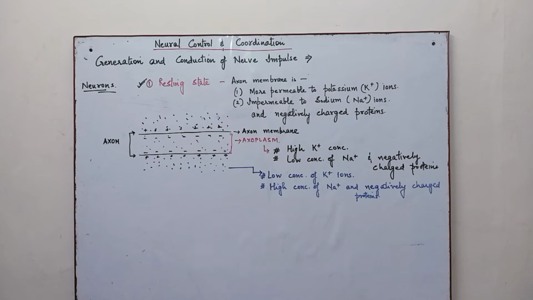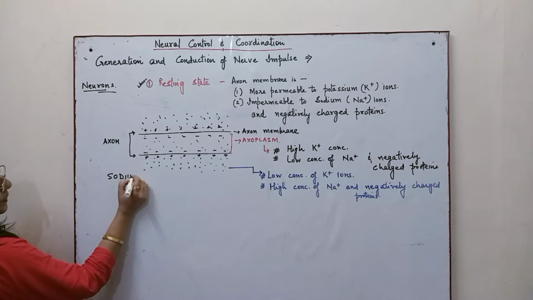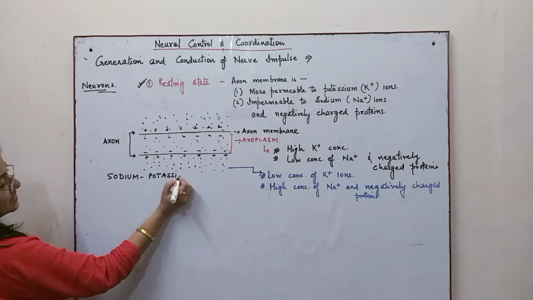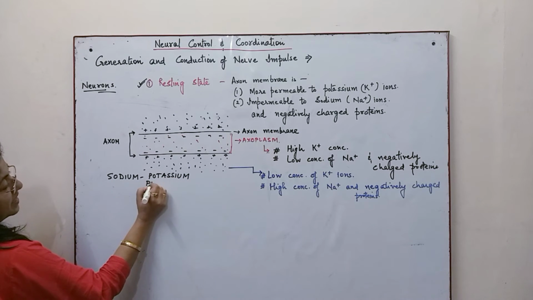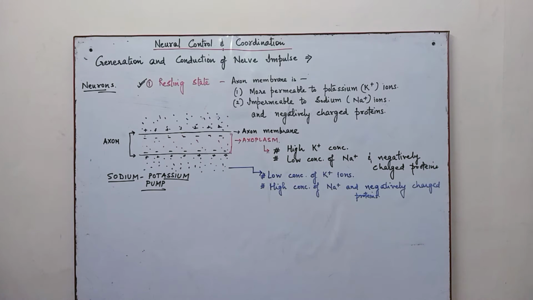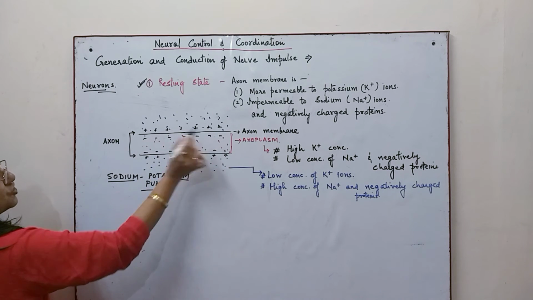Now, one important thing is the sodium potassium pump. This pump helps in maintaining the ionic gradient of the axon membrane. It allows the development of the positive charge outside the membrane and the negative charge inside.